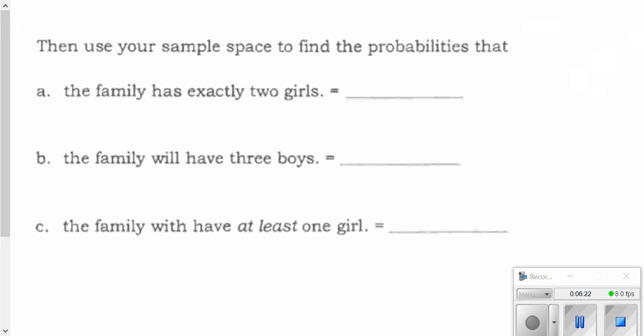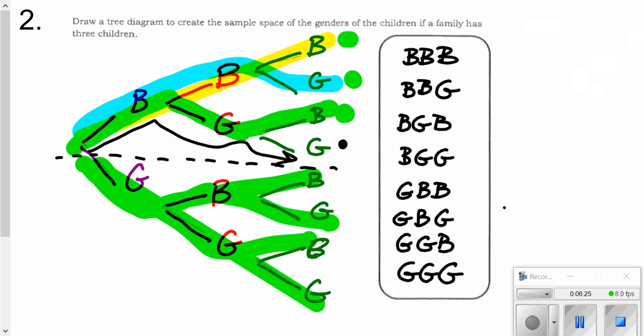Now, we talked before about how if these branches were not equal in likelihood, what we would do is we would put probabilities here. Like, let's say that the probability of having a boy was 60% and having a girl was 40%. If that were the case, then I would incorporate those probabilities into my diagram, and I'd find the probability of these outcomes by multiplying together those numbers. Now, like I said at the start of this question, this is a very simplified situation, okay?